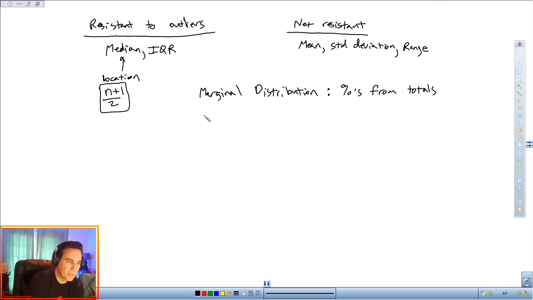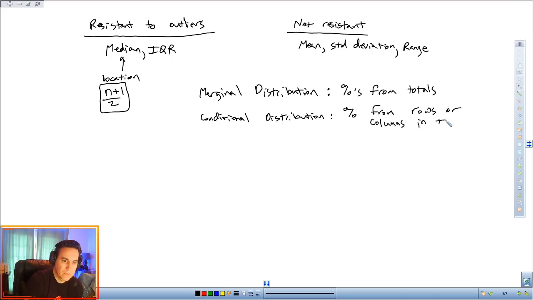And conditional distribution, just some vocab words, I don't think you're going to get tested on it, is when the percentages are from rows or columns in the table, so not from the totals. So that's some vocab from chapter 3.